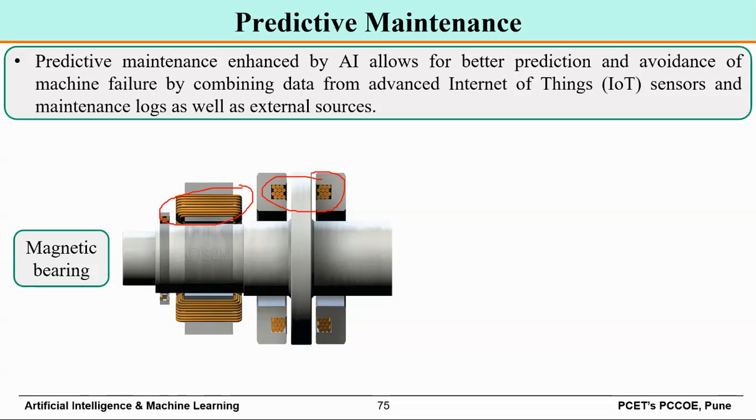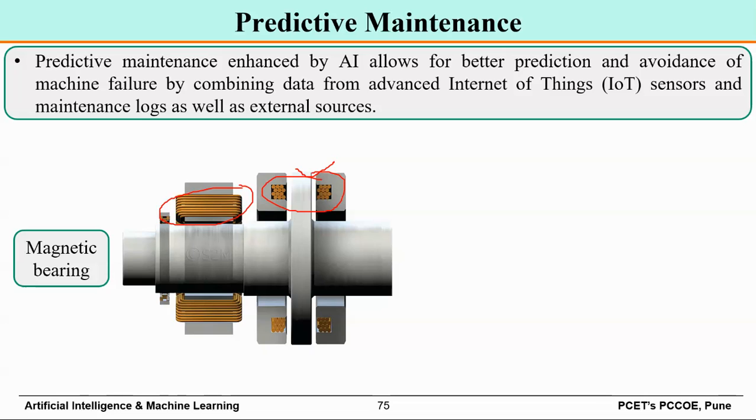So imagine if something happens to this bearing. Suppose there is no magnetic field. What will happen? That shaft may move in radial direction and axial direction, and it can damage just like anything. When I complete, then I will take your questions.